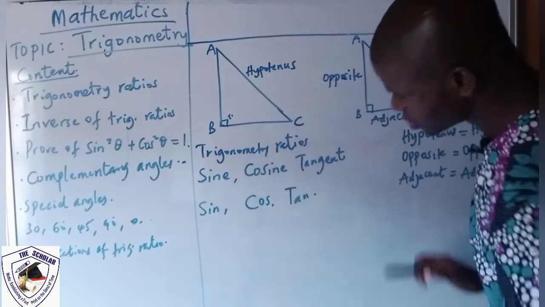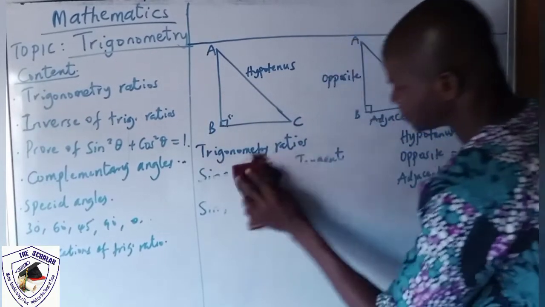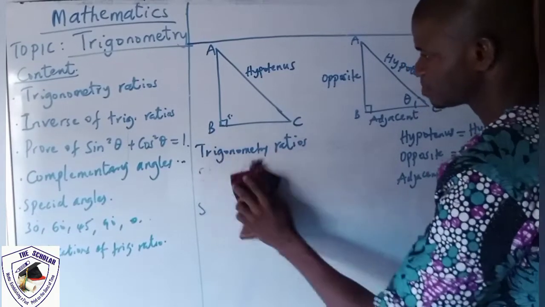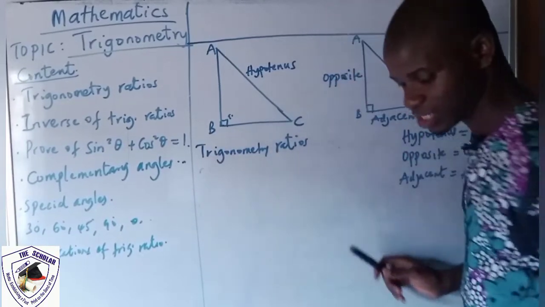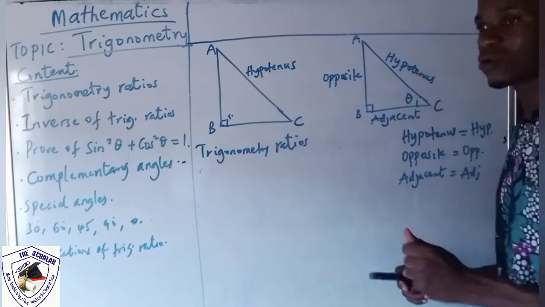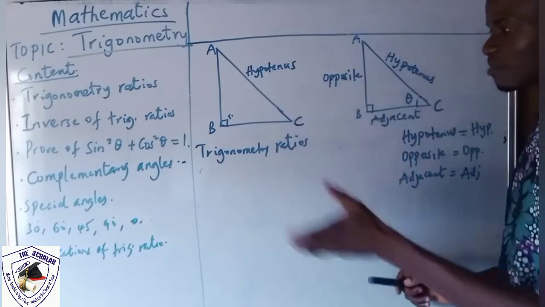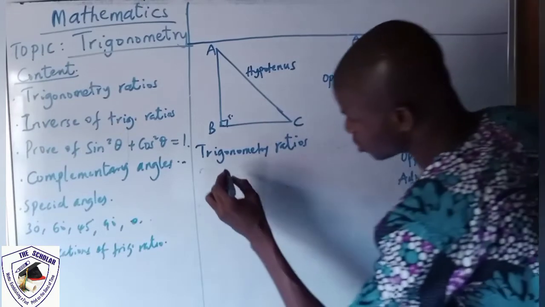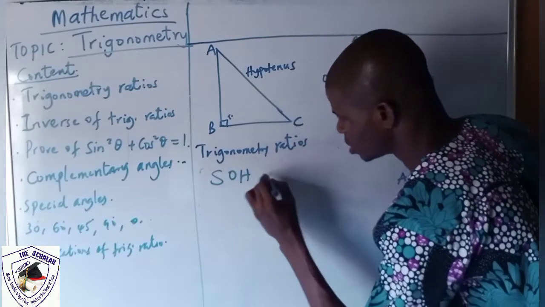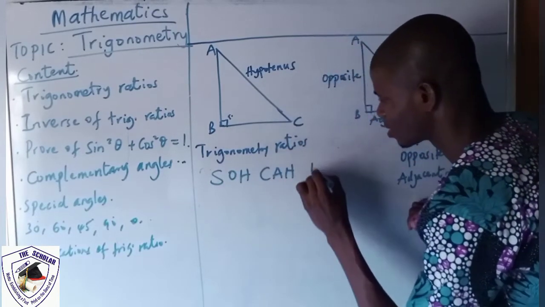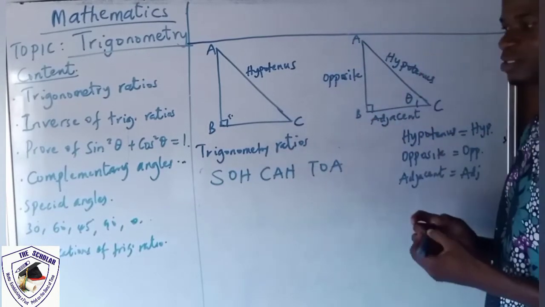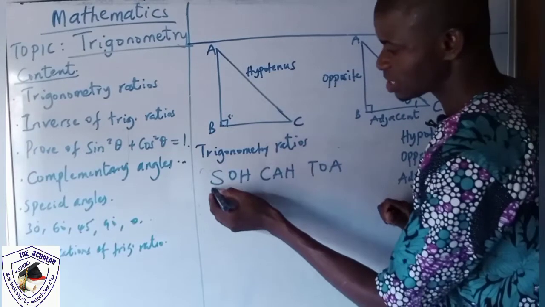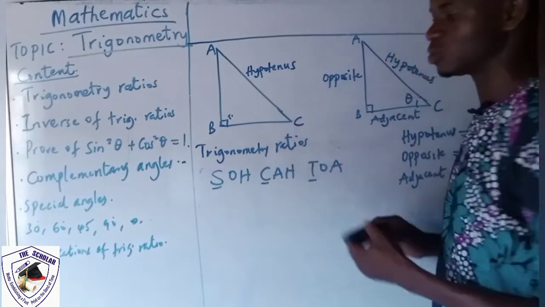Starting with the first one, I need sine theta. Before we can label sine theta, there's an acronym that summarizes these three, and that is SOH CAH TOA. This is an acronym. The first letter stands for the ratios.